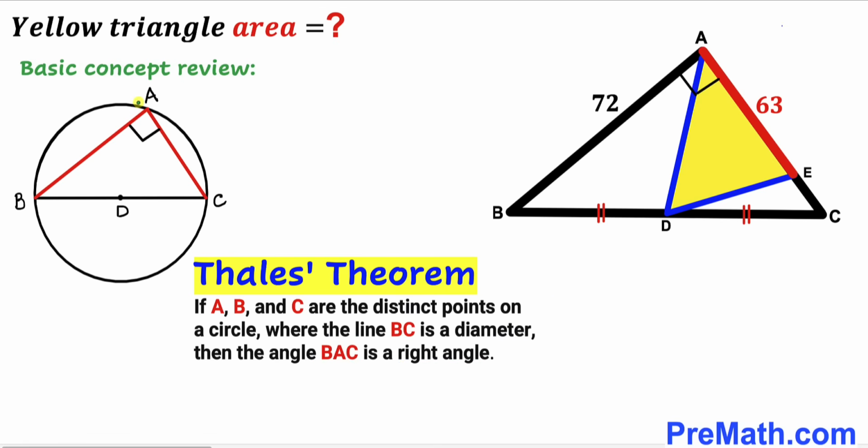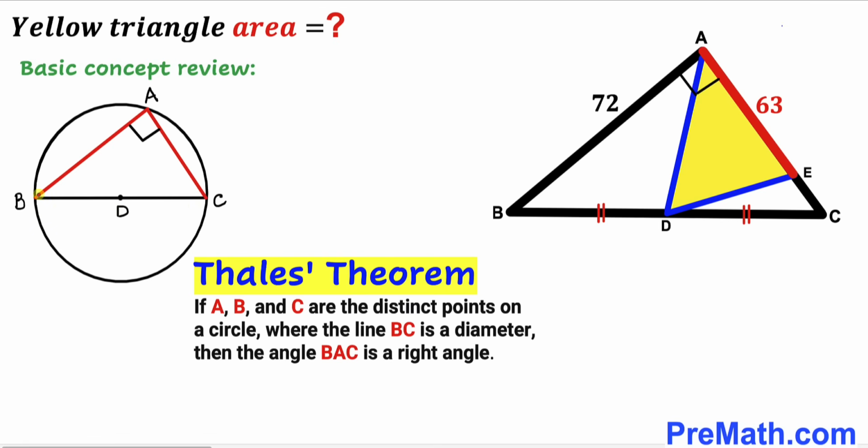So no wonder we can see that this angle BAC has got to be a 90-degree angle, since A, B and C are three distinct points on the very same circle, and BC is the diameter. And now let's make an observation.